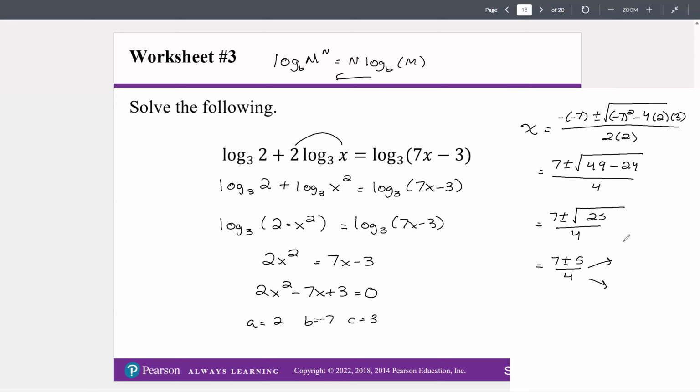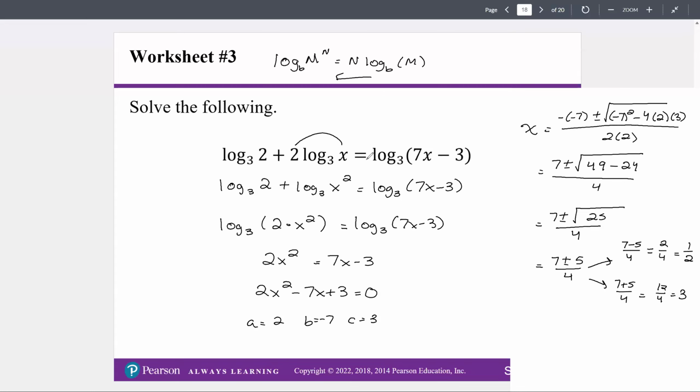Either I have 7 minus 5 over 4, which is going to be, oh, sorry, 2 over 4, or 1/2. Or I'm going to have 7 plus 5 over 4, which is going to be 12 over 4, or 3. We end up with two answers that we have to check.